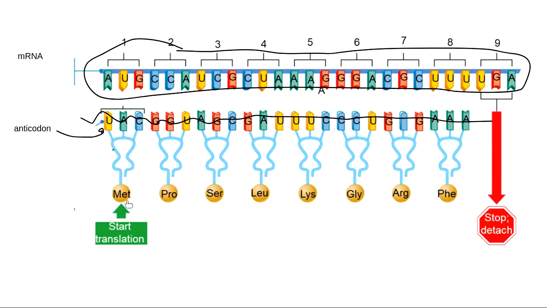Then I'll go to the next codon, CCA, and I'll look at my table and see that the amino acid we're looking for is proline. So we read mRNA three bases at a time, those codons, to help us figure out which amino acids should be in our chains.